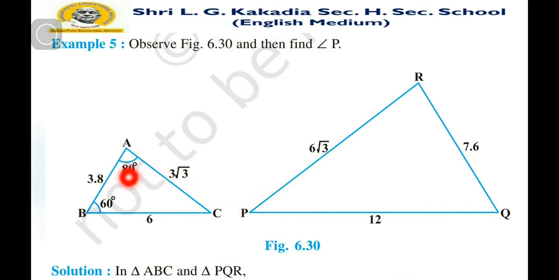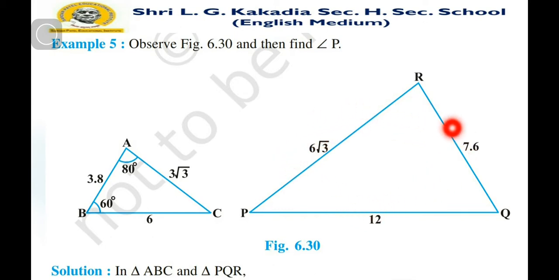Now you can see that in this triangle ABC, angle A and angle B are given, and by the angle sum property we can easily find angle C. It will be 40 degrees. Now here you can see that the sizes of all the sides of triangle ABC are given, and in triangle PQR also the sides are given.